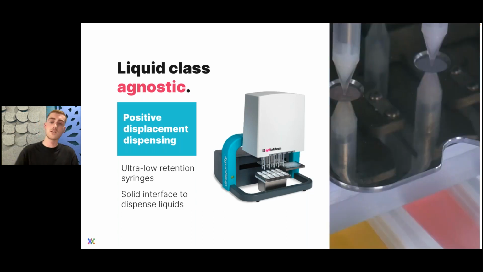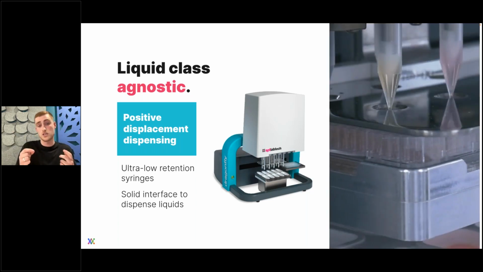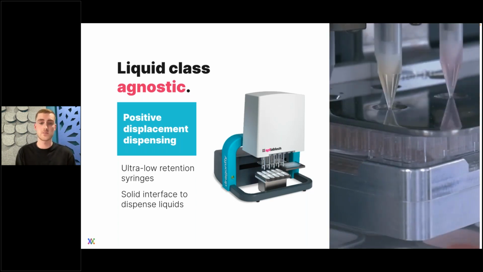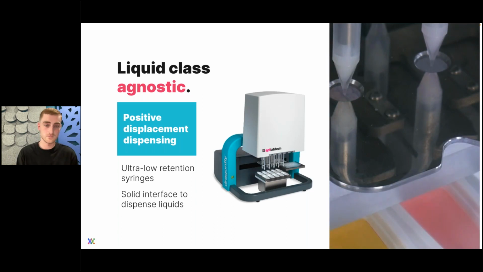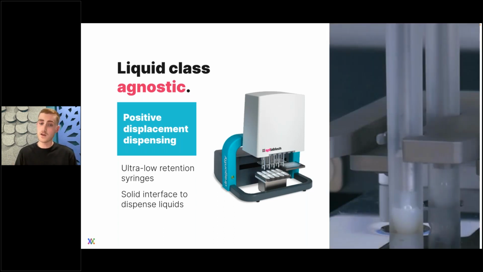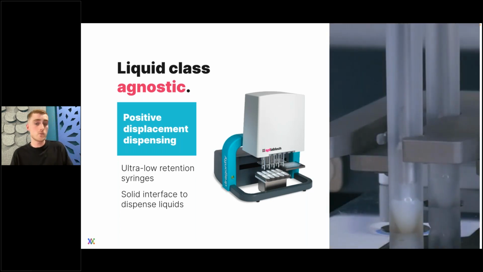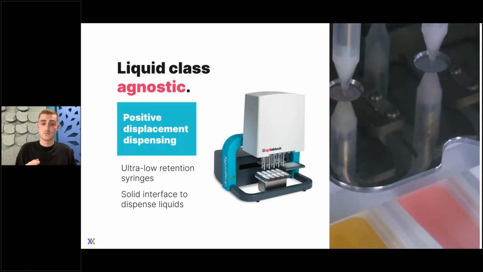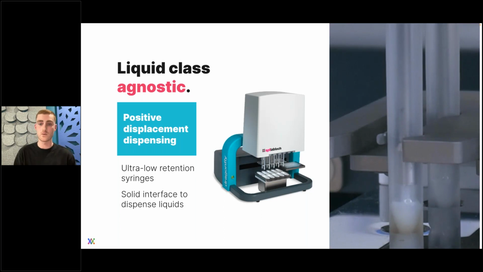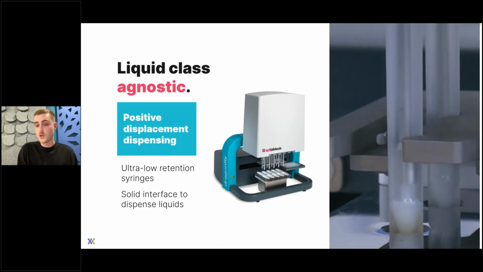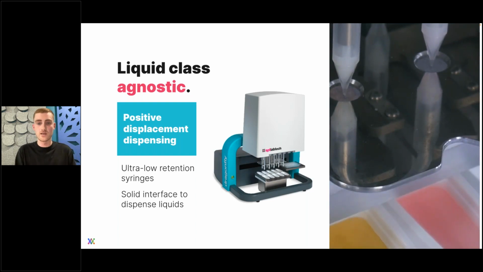So these syringes are neat and they allow it to achieve incredibly precise and non-contact dispensing down to nanoliters. They do offer some additional settings like reducing the dispense speed, which could be useful when handling cells and viscous and foamy liquids. So I suppose in those cases, you could argue that it wouldn't be truly liquid class agnostic.